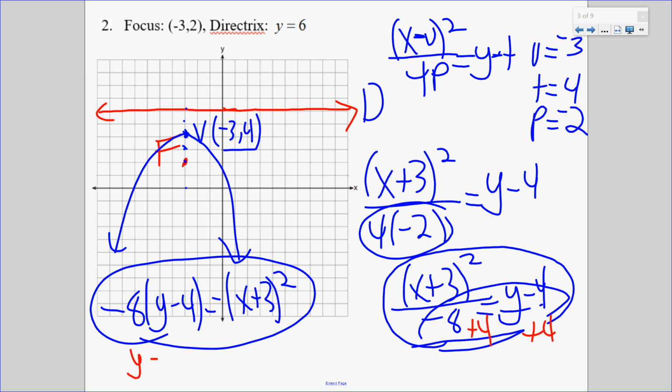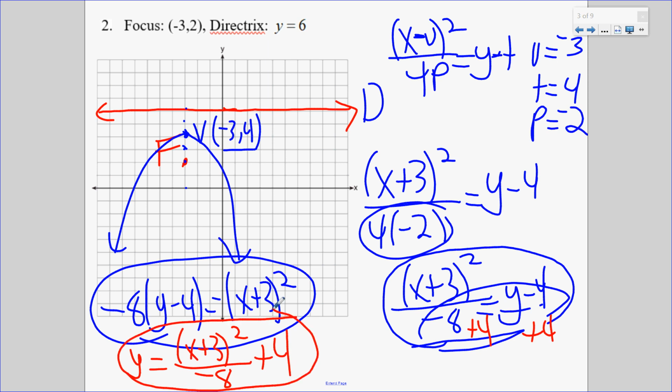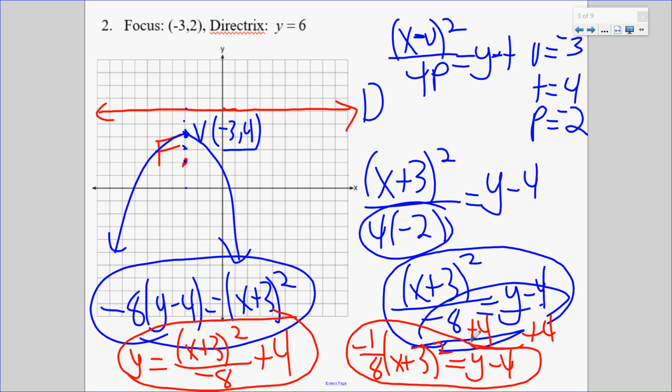So I would get y equals (x plus 3) squared over negative 8 plus 4. And as I also mentioned, instead of the negative 8 being on bottom, you might see it as negative 1/8 (x plus 3) squared equals y minus 4. So all of these are equivalent. If it's multiple choice, you're going to see it in a lot of different ways.